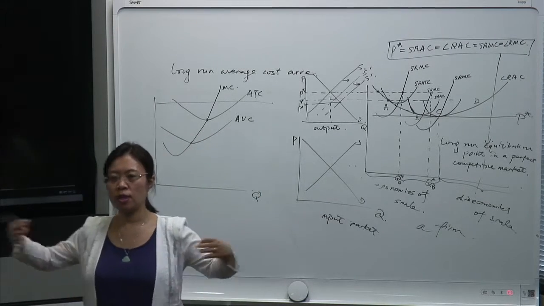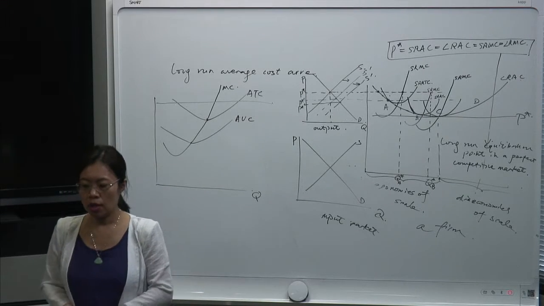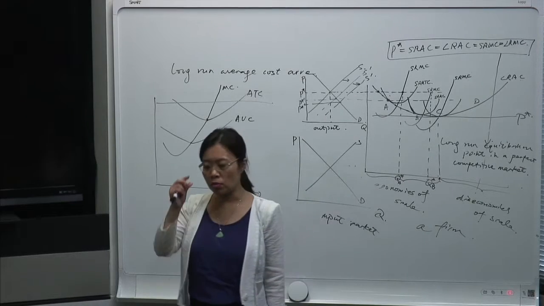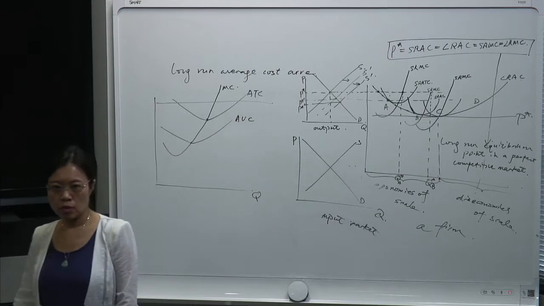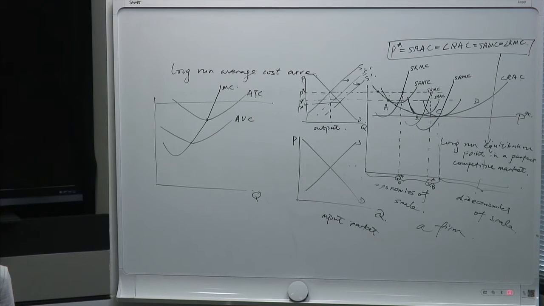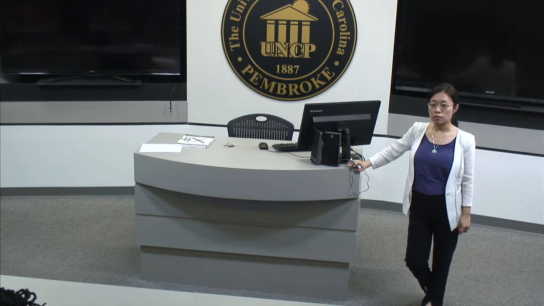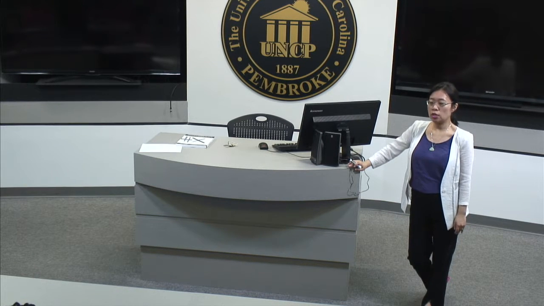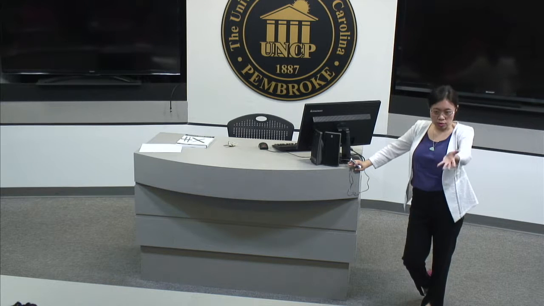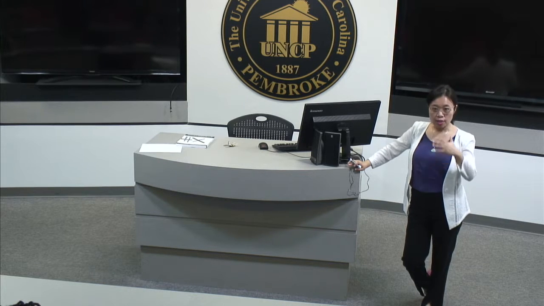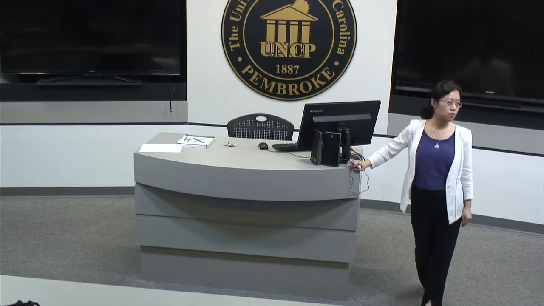For example, if a lot of people are selling MP3 players, you probably need people who have computer programming expertise. So suddenly there is huge demand for that kind of expertise. And the raw materials that go into this MP3 player will also be required more in the market. So the input market is also affected.